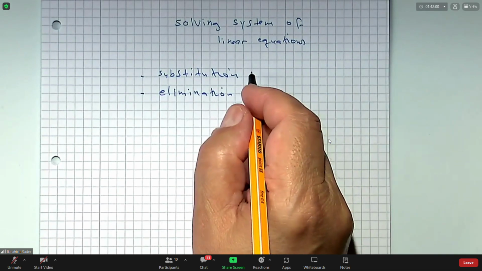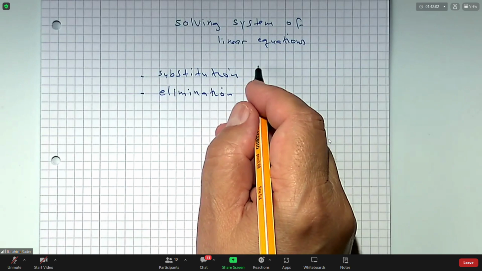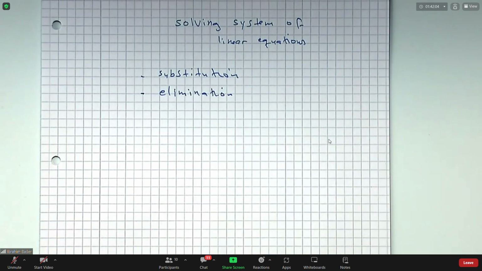Now, we said that these two methods, as we learned in the previous lecture, can work for two-variable systems perfectly, but it gets a little bit more complicated when it comes to three-variable and four-variable systems.